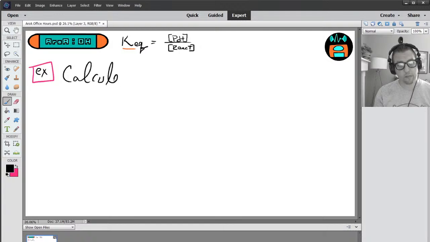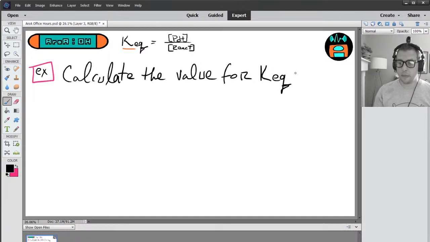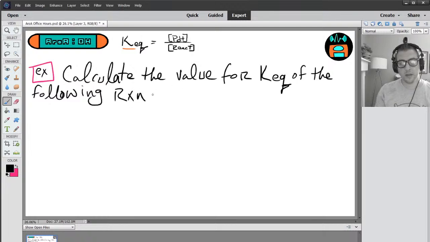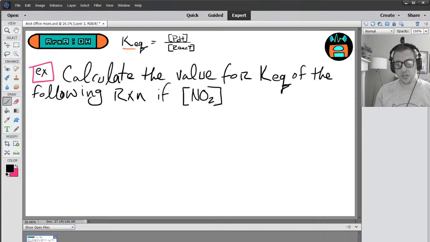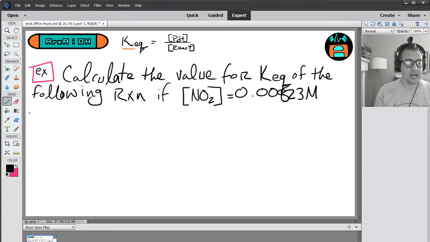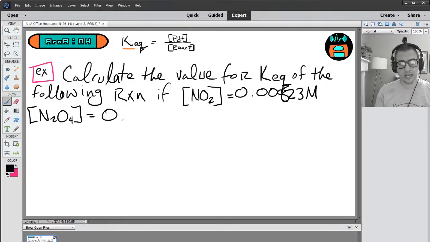Calculate the value for the equilibrium constant of the following reaction if the concentration of NO2 is 0.00823 molar, and the concentration of N2O4 is 0.0146 molar at equilibrium.